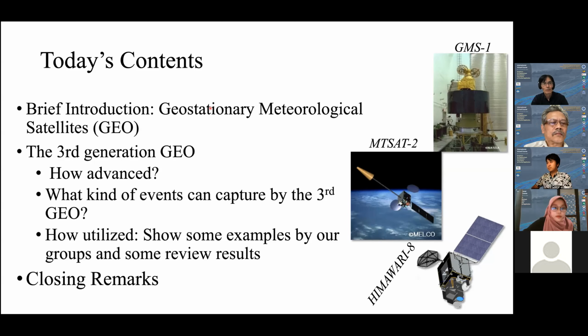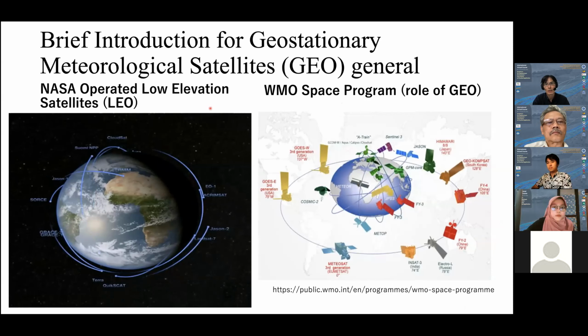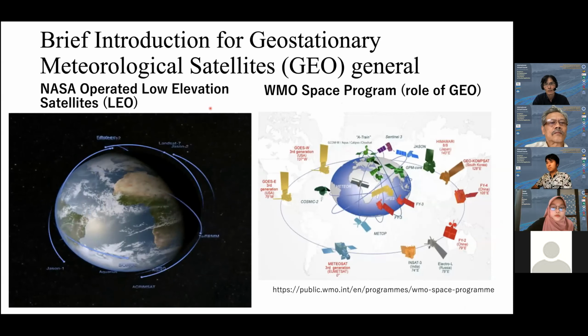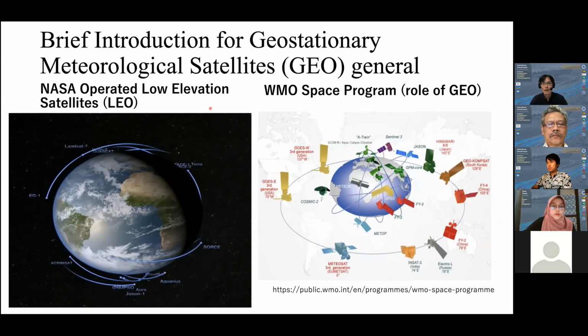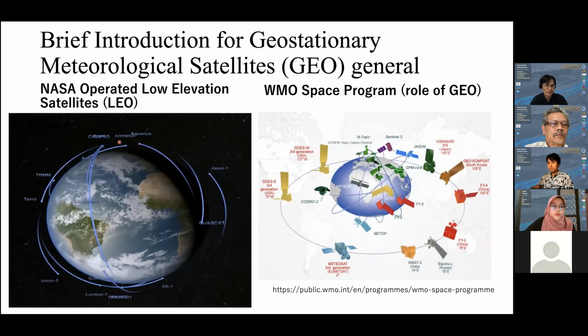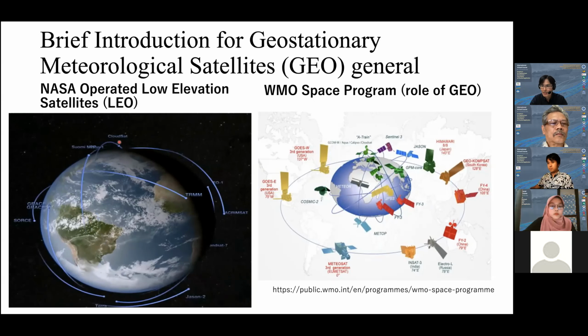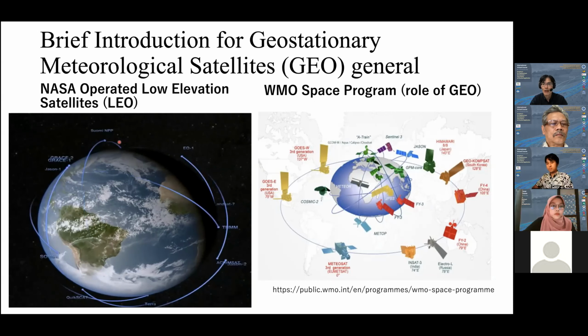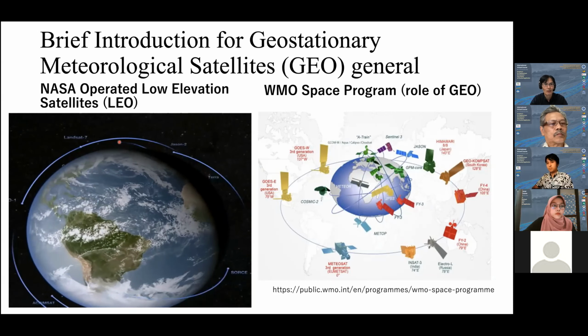First, a brief introduction to geostationary meteorological satellites in general. Most people imagine a satellite rotating around the Earth in a polar orbit. This is what most people imagine in the case of an Earth observation satellite.